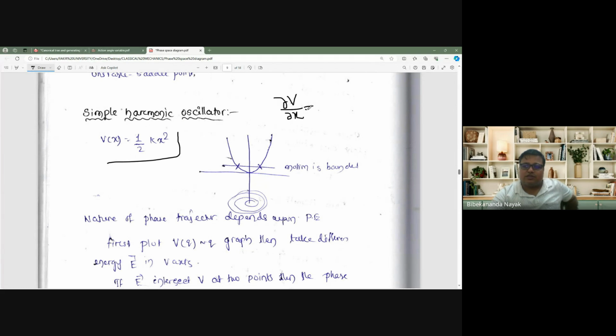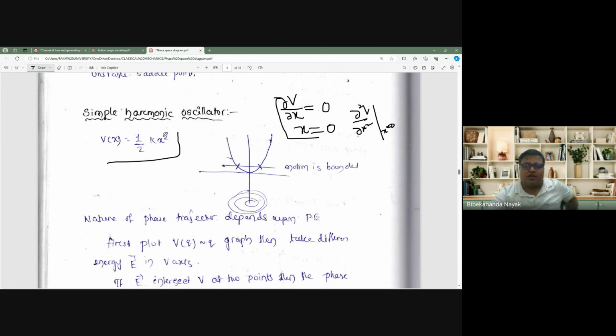The derivative will be kx equal to 0, so x equal to 0 is the equilibrium point for the simple harmonic oscillator. Next, our aim is to check whether it is a stable or unstable equilibrium, so check del square V by del x square at x equal to 0.